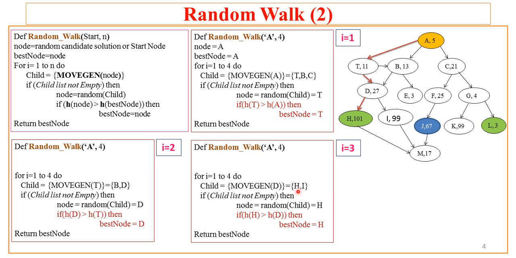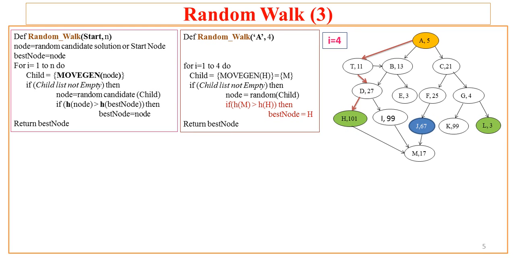Here again the child list is not empty because the child list has two nodes H and I. So here the random function will pick a node randomly from the child, which is H. So again the heuristic of H is compared with D. H has heuristic value 101 and D has 27. So obviously H has a higher heuristic than D. Our best node is updated to H.